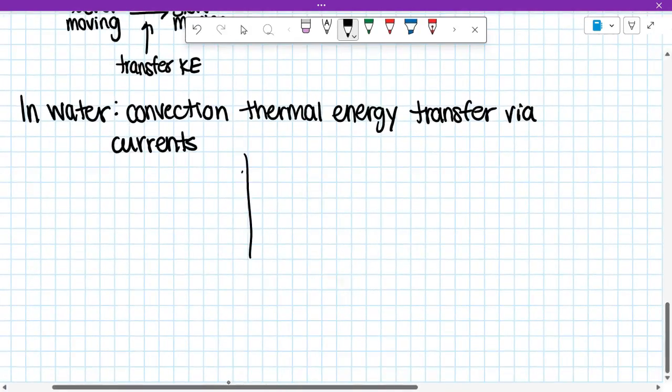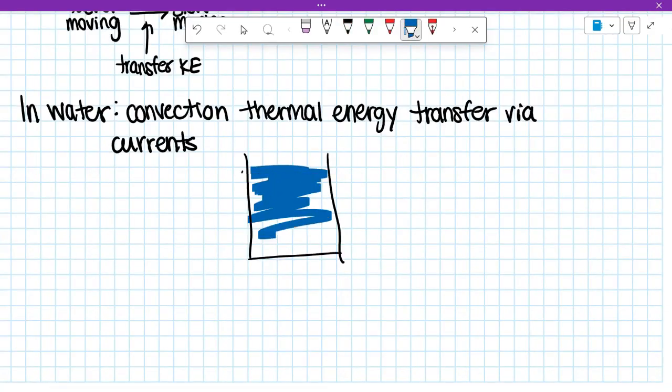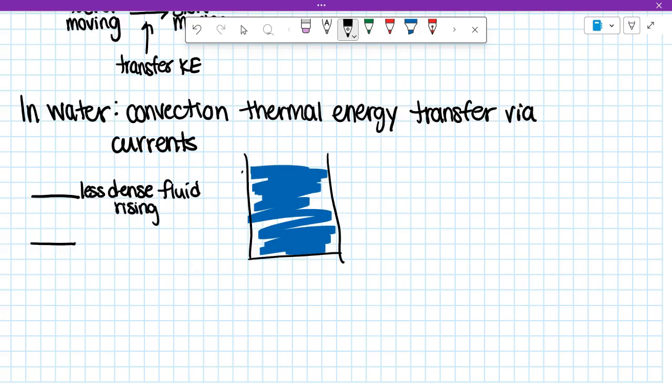So within that beaker of water, we have something less dense fluid rising and something more dense fluid sinking. So think for a minute about what should go in those blanks, right?